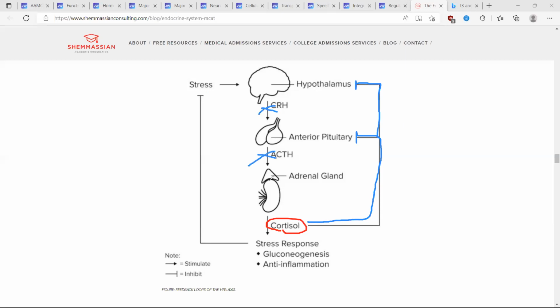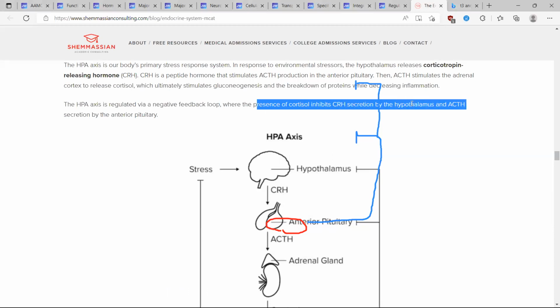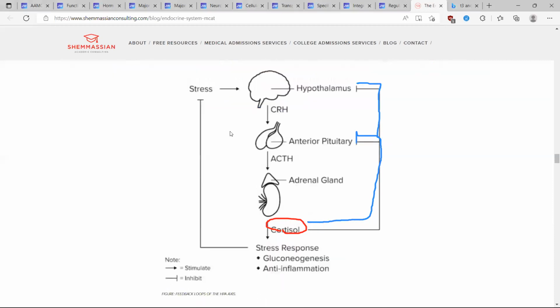You don't need to make more cortisol. And if this is malfunctioning, then you get chronic stress because your body can't understand that it needs to stop producing cortisol. The presence of cortisol inhibits CRH secretion by the hypothalamus, right?